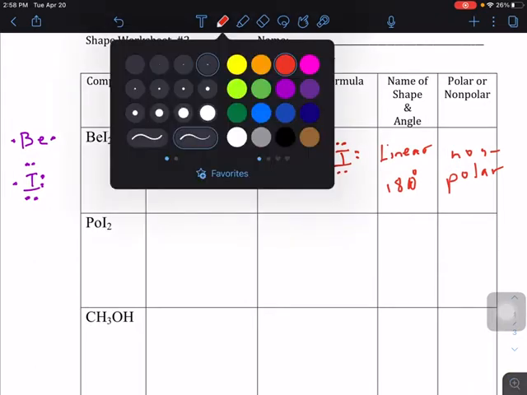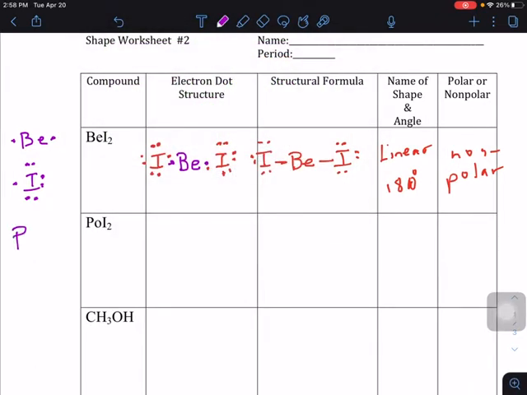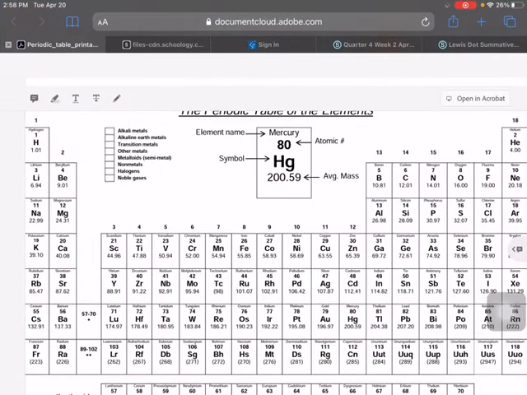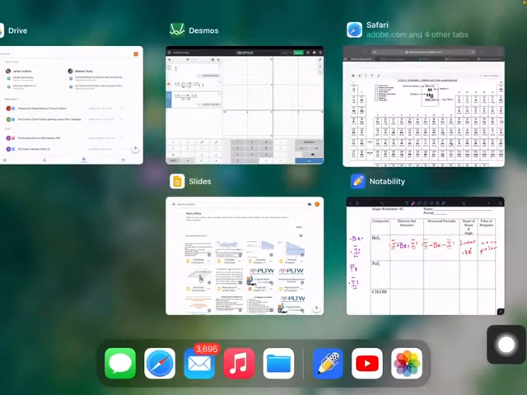Okay, PoI2. So we've got Po. I know that iodine, we just did iodine, has 7 valence electrons, so we don't need to look that one up again. But what is this Po? Here it is right here. Po is in group number 16. That's polonium, group 16, so that's 6 valence electrons.